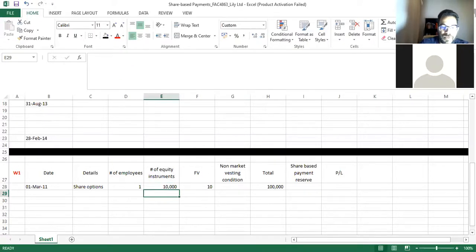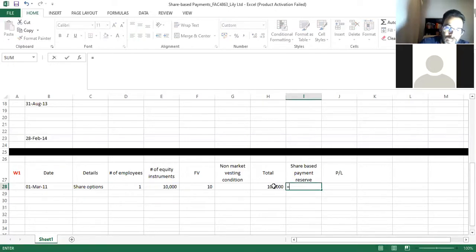So 10,000. So the share-based payment reserve will equal that number over there.